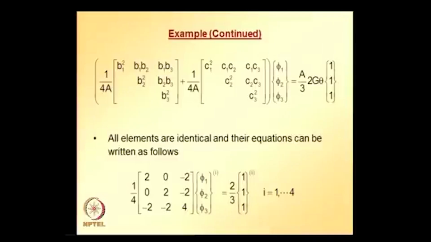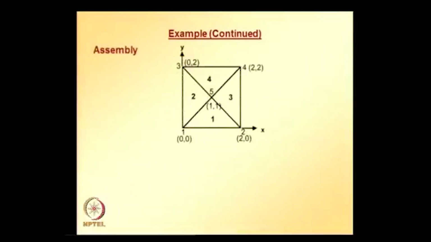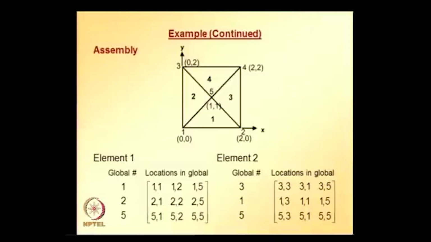So, the contribution from element 1 goes into the locations depending on the numbering sequence, 1, 2, 5 rows and columns of the global equation system, and the locations in the global equation system are shown in the table or in a matrix form.